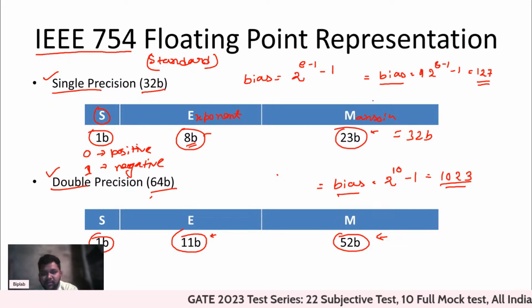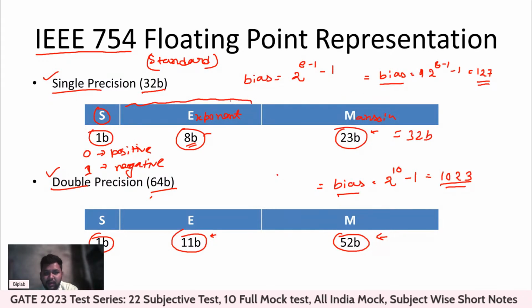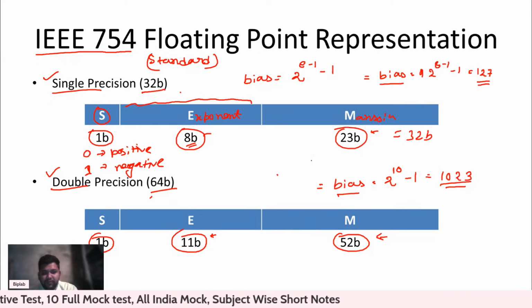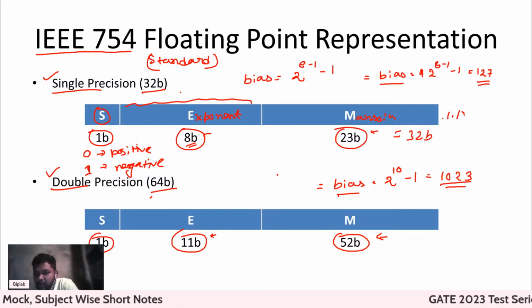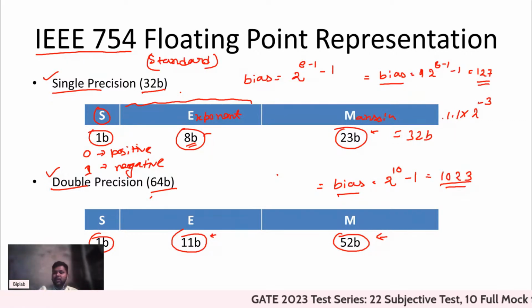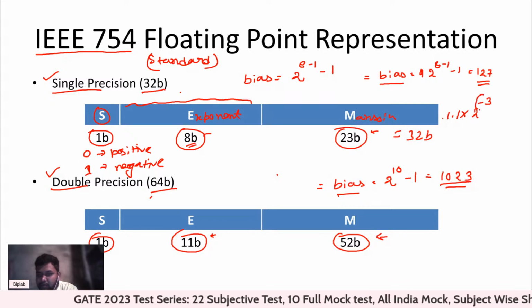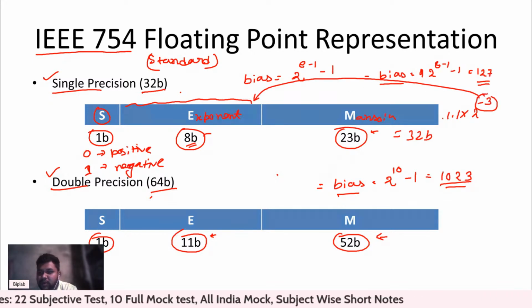Why is this bias used? Because the number we write in the exponent should be a positive number. If you have a number, let's say 1.1 into 2 to the power minus 3, to write down this exponent you would have to consider it a signed number.